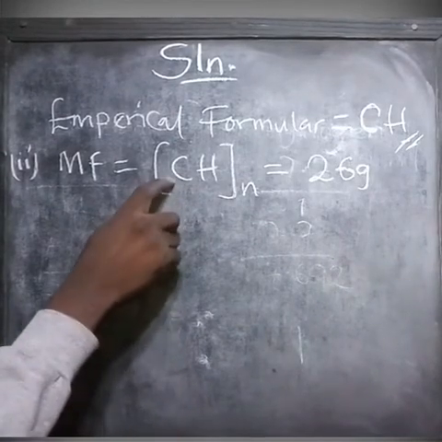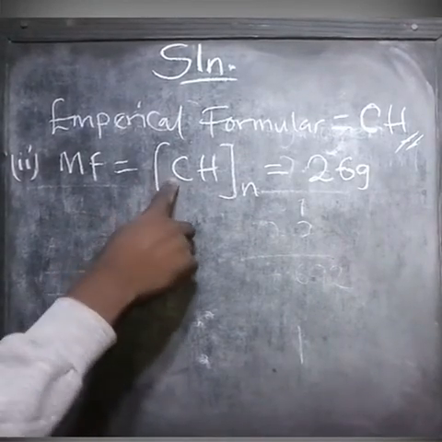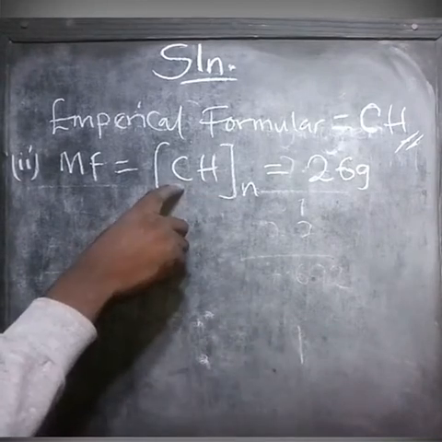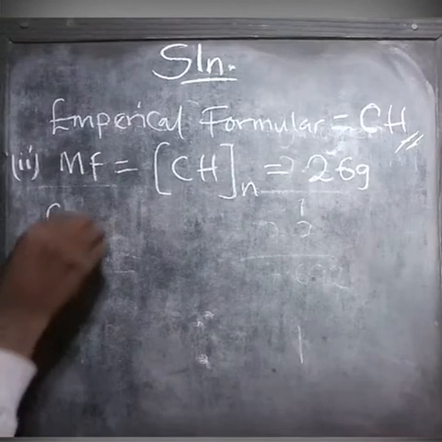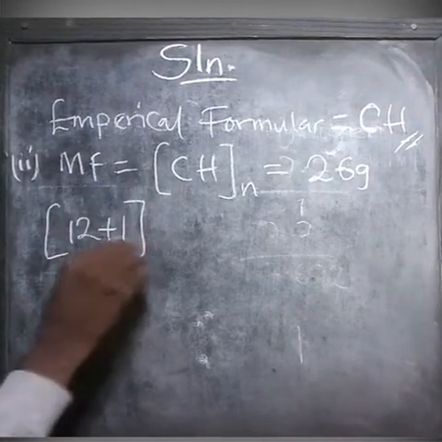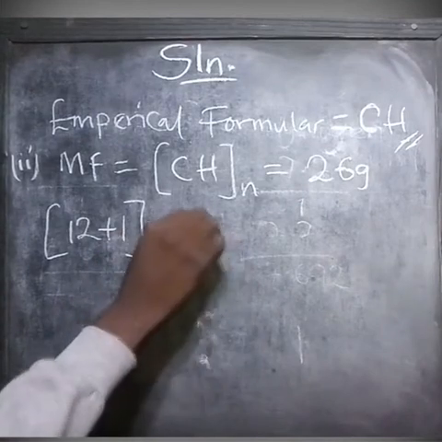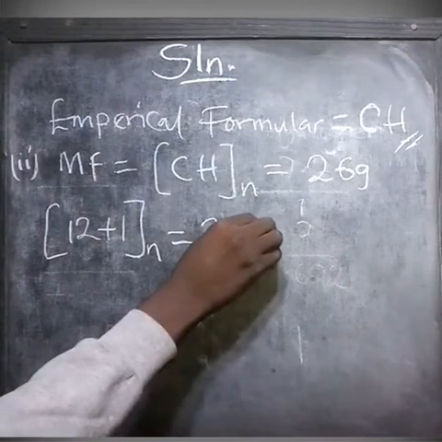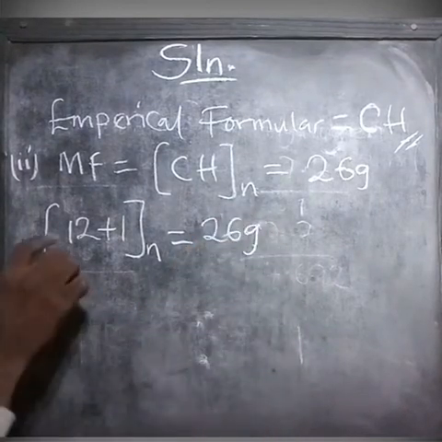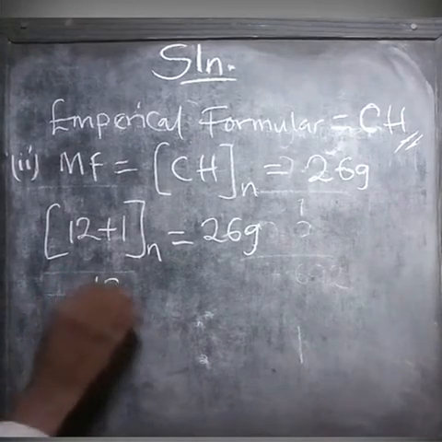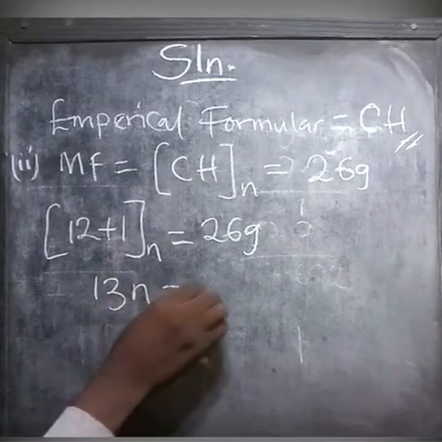So when you come here, the mass number of carbon is 12 plus 1 for hydrogen, then 26 gram. Definitely you are having 13 multiplied by n.